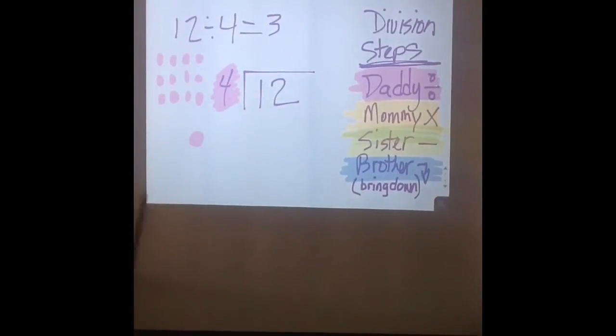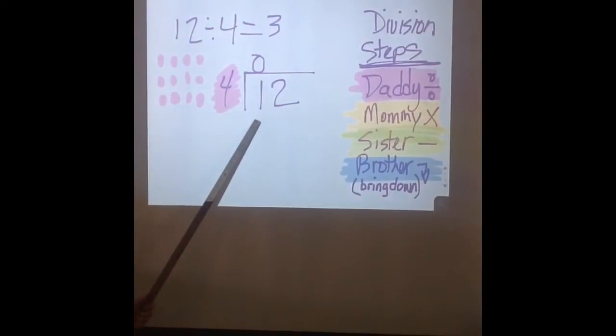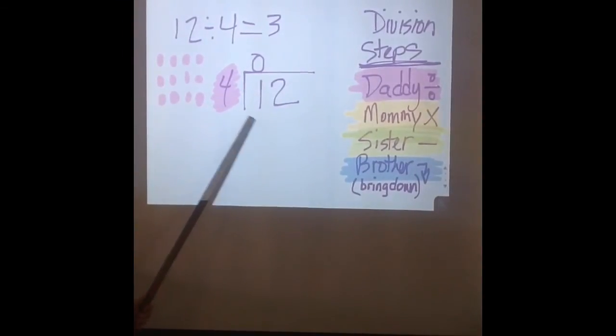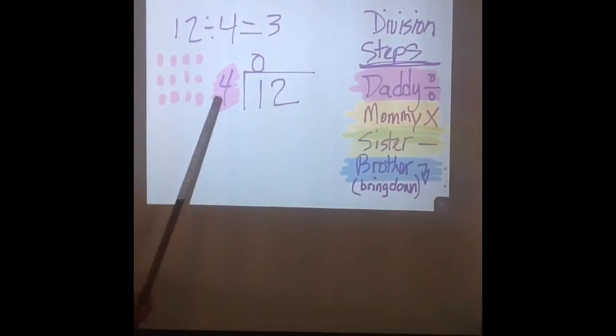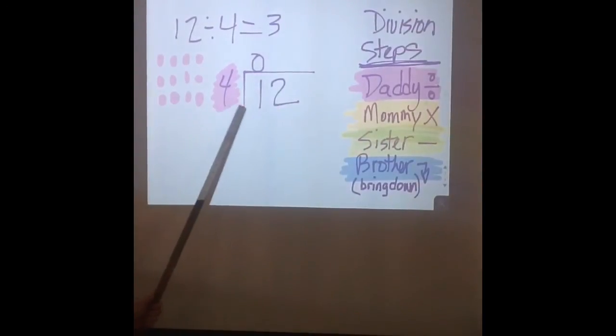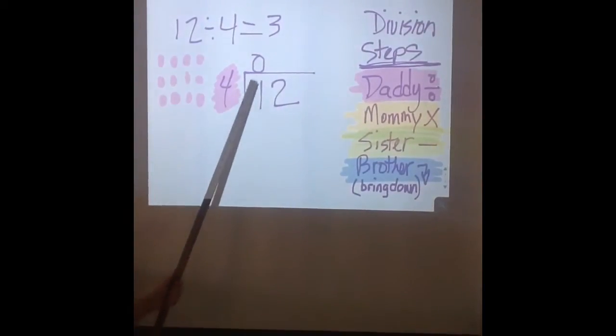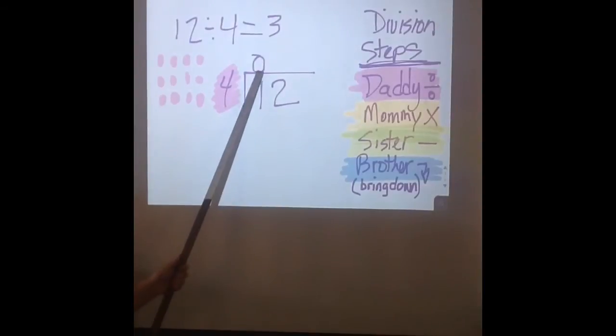No. We don't have enough, do we? So we put a 0 up above the 1 because we don't have 4 dots to circle, right? So that's our Daddy divide question. Let's all say the Daddy divide question together. How many 4s are in 1? 0. So we put our 0 over the top.